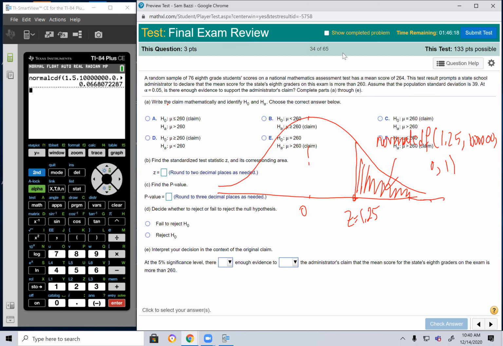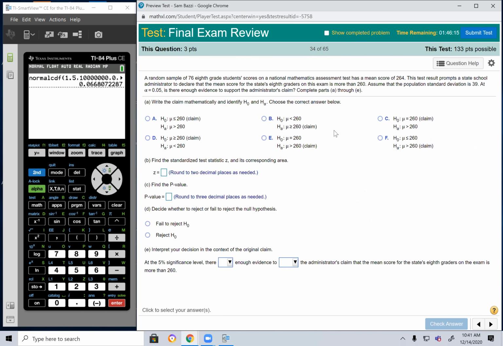All right. Now we're going to do a complete hypothesis testing problem. A random sample of 76 eighth graders. So N is 76. Students' scores on a national mathematics assessment test have a mean score of 264, so X bar.